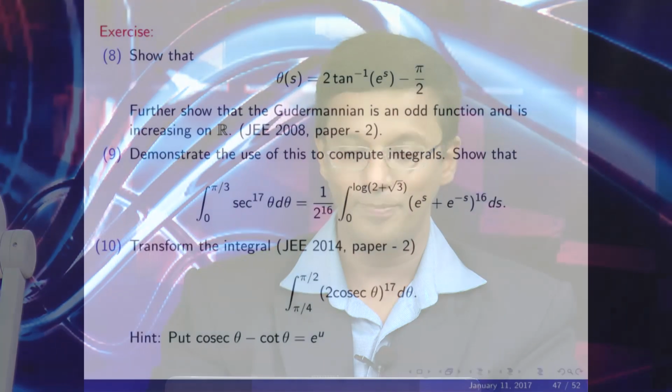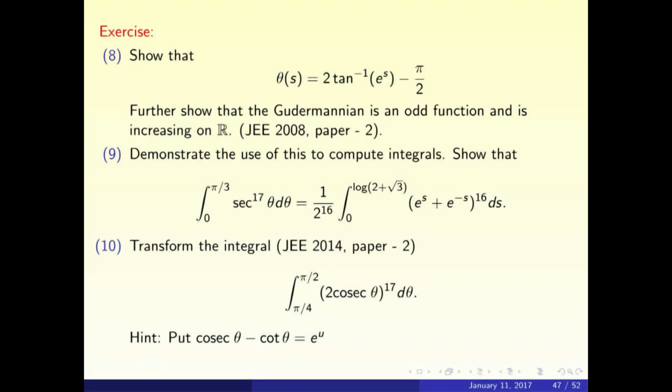So you want a way to avoid integration by parts over and over again. How do you integrate an odd power of a cosecant or an odd power of a secant? The Gudermanian will help you to do it. So, secant theta to the power 17 d theta. How do you do this?